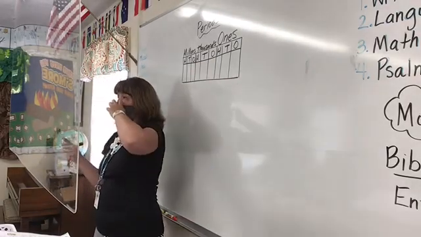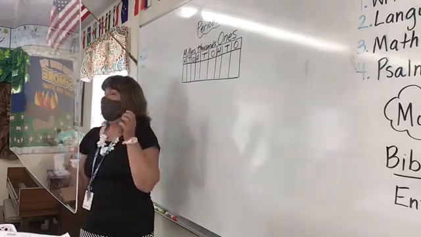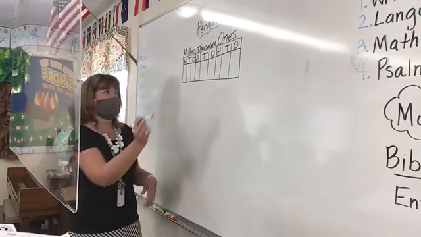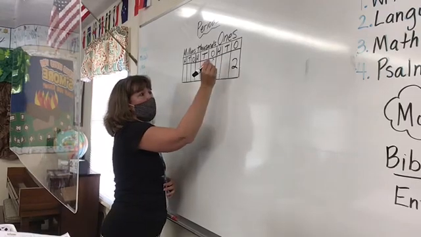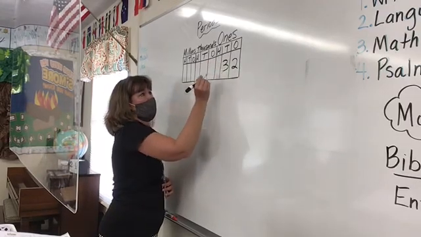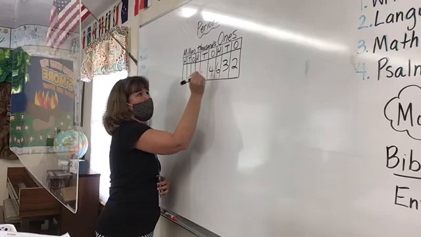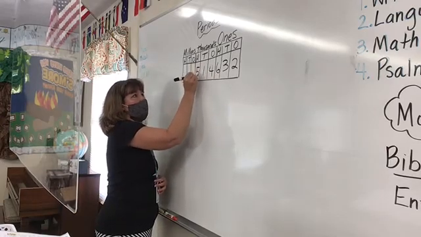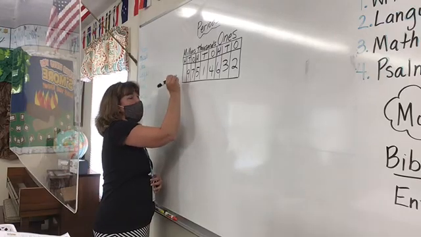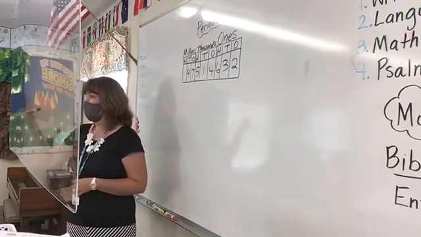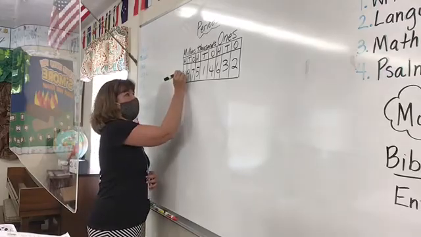So let's just say, give me some random digits. Go ahead. 2, 3, 3, 4, 6, 4, 6, 1, 5, 7, 9. 10. Well, I can't put one digit. 8. Okay.